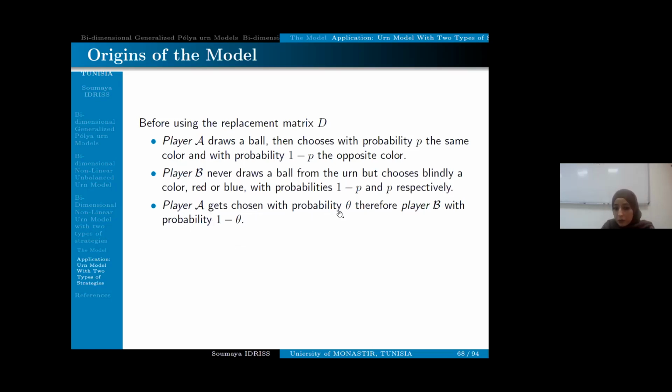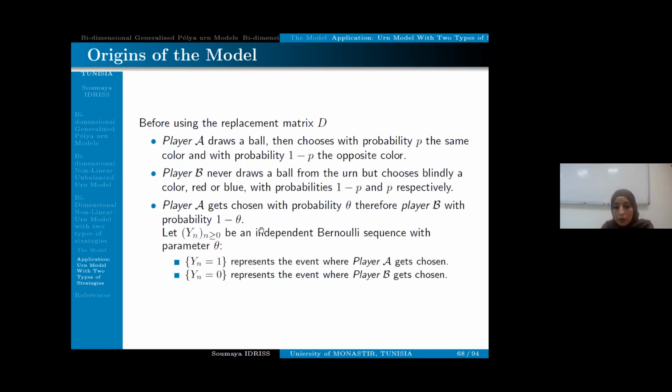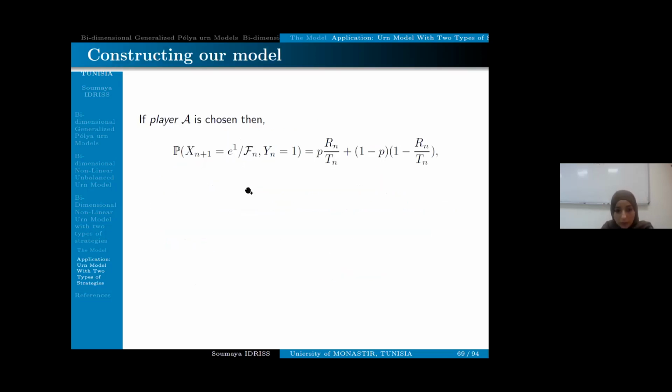Player A gets chosen, as we said, by flipping a coin, so with probability theta, and therefore player B with probability 1 minus theta. We set Yn, the Bernoulli sequence that represents the choosing of player A or B. If player A is chosen, then given the past along with choosing player 1, the probability of drawing a ball of type 1 is given by this quantity.